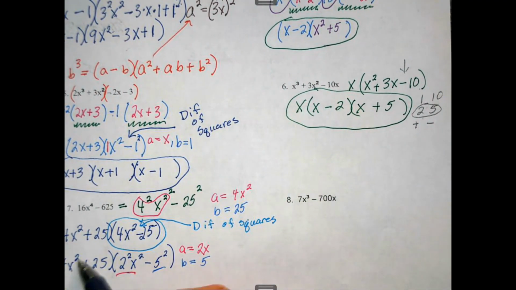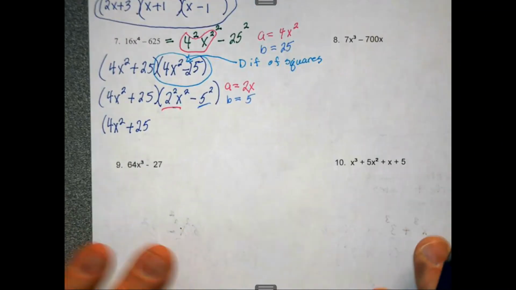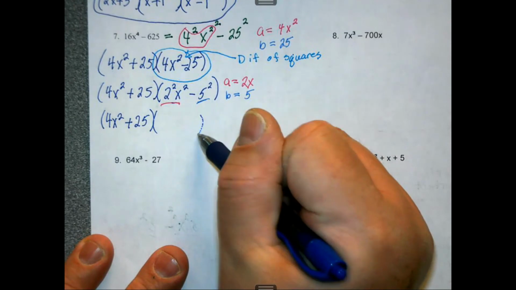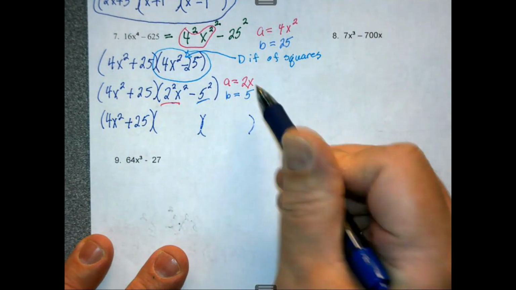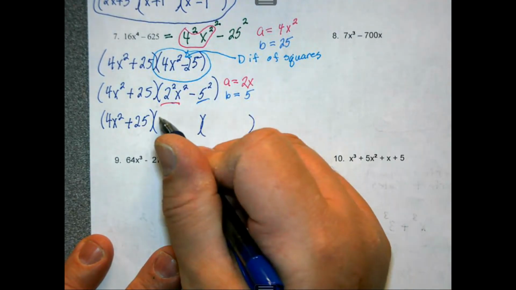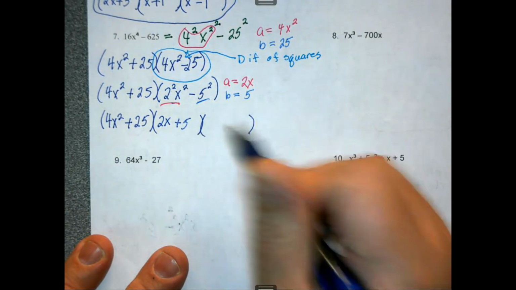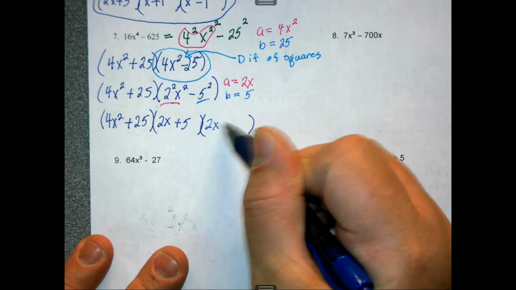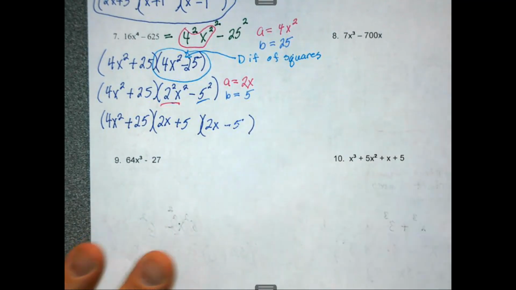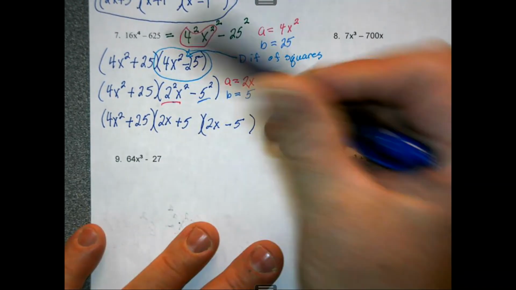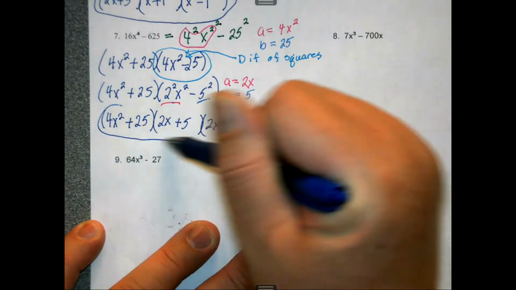So I have my 4x squared plus 25 and I'm going to factor that to a plus b, 2x plus 5, and then 2x minus 5. And we're not going to do imaginary numbers, so we're going to leave this factor alone.